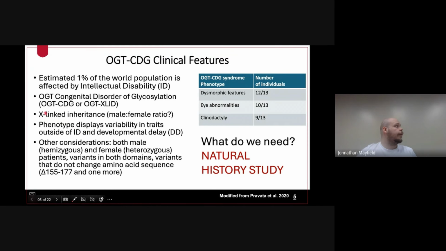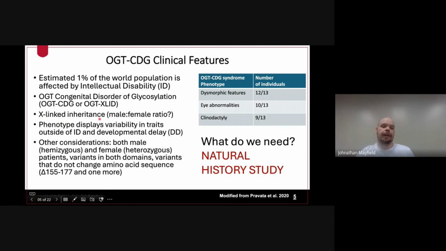So with the OGT gene being on the X chromosome, it's an X-linked inheritance. So typically females are going to be born with 2 X chromosomes, while males have 1. We have seen for some variants that you won't see an affected mother, but you will see her male children that will be affected by the ID.